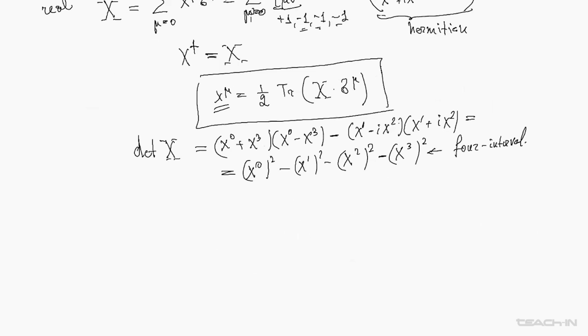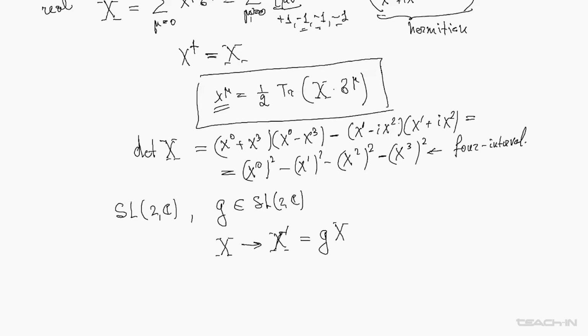Now I can define on this Hermitian matrix X the action of the group SL(2,C). Let's take a matrix G from SL(2,C) and act it on our Hermitian matrix X in the following way. X goes to X prime, where X prime is defined as G X G dagger, where dagger means Hermitian conjugation.